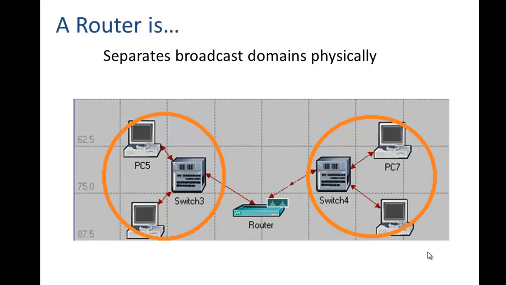In laboratory 5, we compared the VLAN function to one of the basic functions of a router, as it separates the broadcast domains in a local area network. It's just that the router reduces broadcast physically by breaking a big network into small networks.